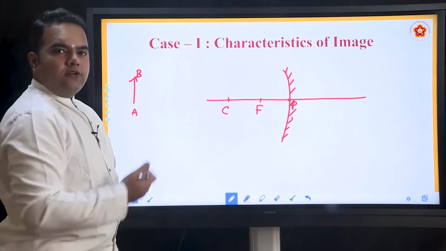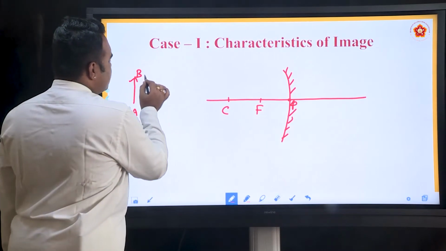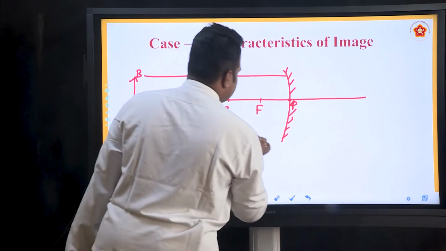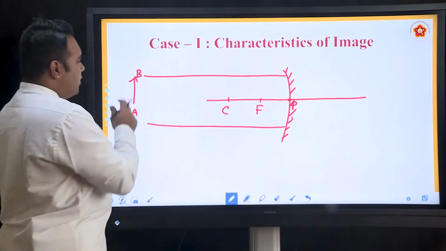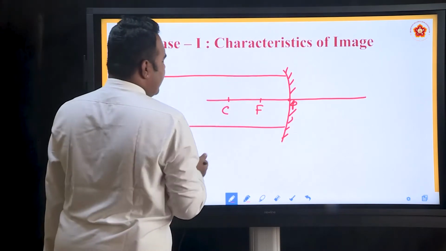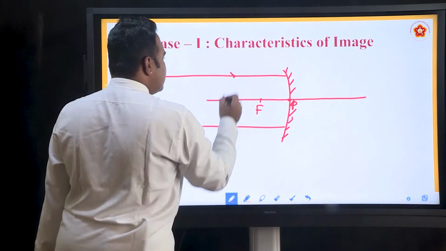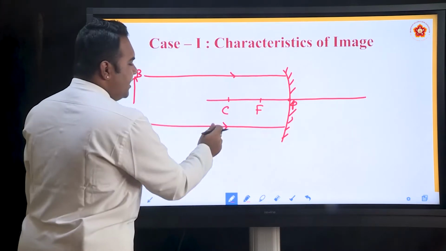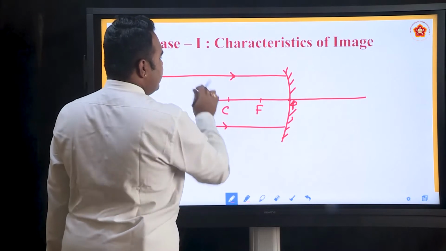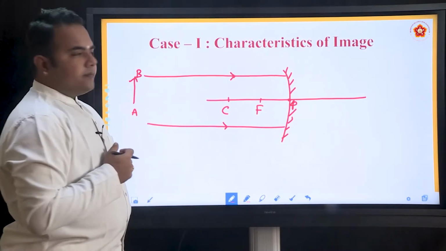Now, out of many rays of light that are coming, I choose two rays of light that are coming parallel to the principal axis. For an object at infinity, when it is quite far away, the rays that are emerging are parallel rays. So, I choose any two rays of light, and I need to put the arrows because these arrows determine the direction in which the light rays are travelling.